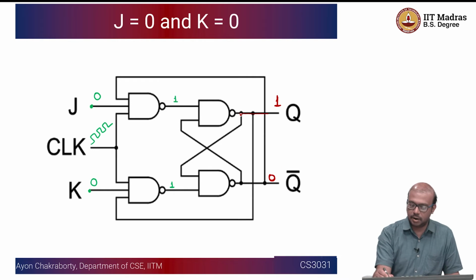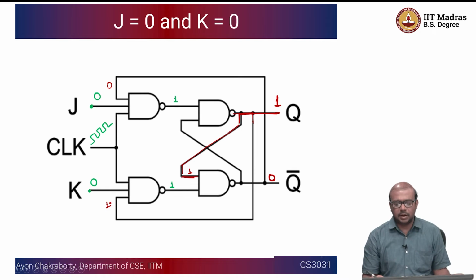If this line is 1, the feedback here is also going to be 1, and this goes as 0, so that is not an issue, and this 1 is going to come down in this path as a 1. So these are all going to be fine.